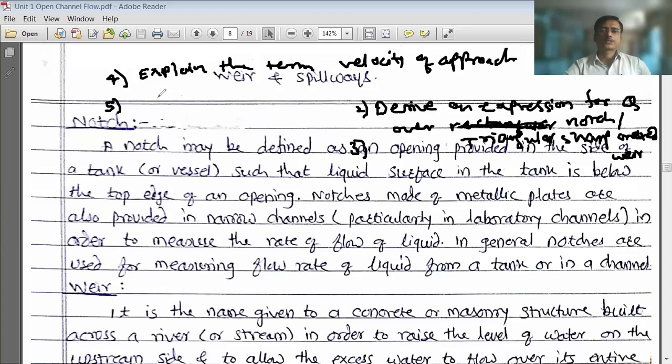And last question. Give the classification of notches and weirs.